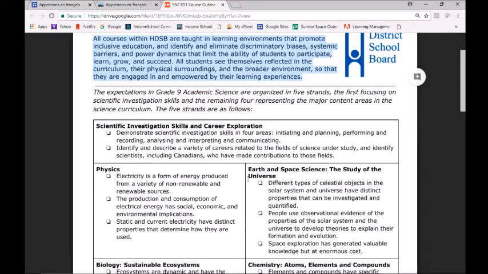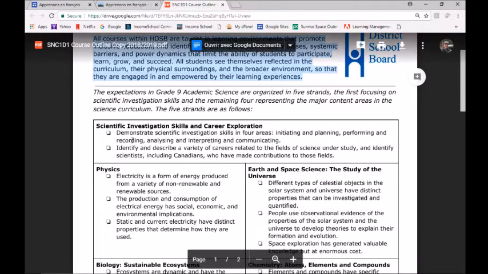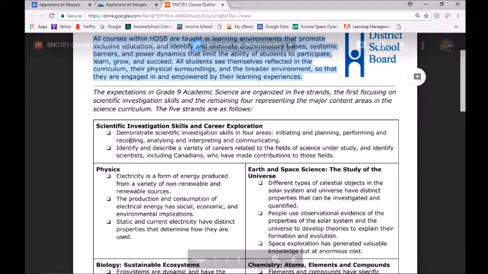So if you look at the 5 strands, they are the following. The first one relates to scientific investigation skills and career exploration. The first point outlines that we need to be able to demonstrate scientific investigation skills in 4 areas: initiating and planning, performing and recording, analyzing and interpreting, and communicating.